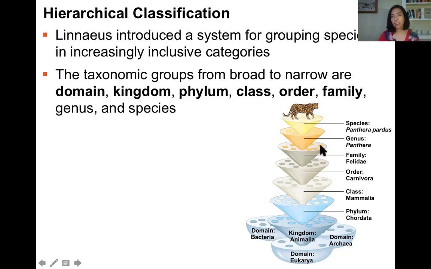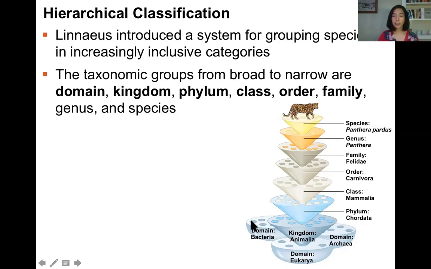Several genera, which is the plural for genus, form the family Felidae, and several families form the order Carnivora. Several orders form classes, then phylum, and then we have the kingdom. Remember, we used to use the classification of kingdoms, not anymore, because some of them are artificial.